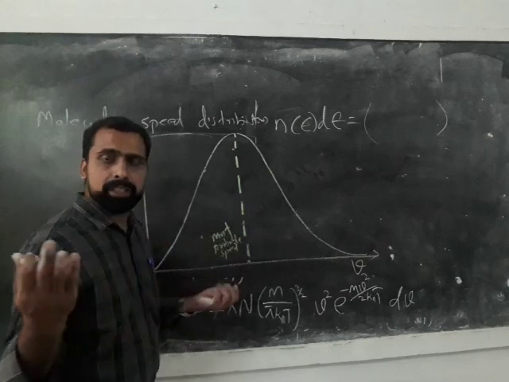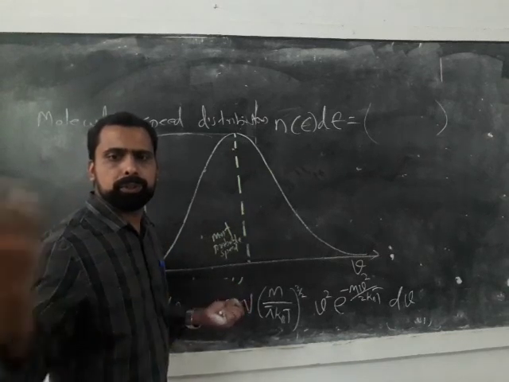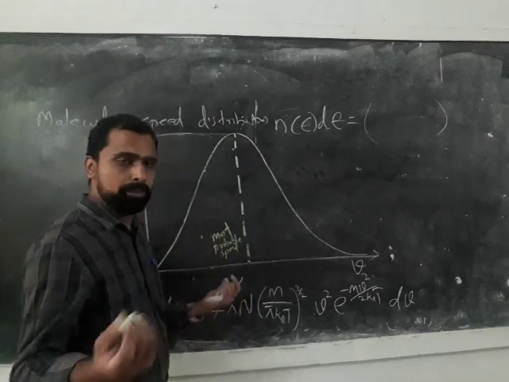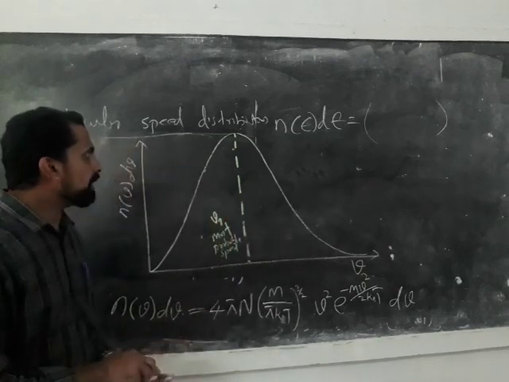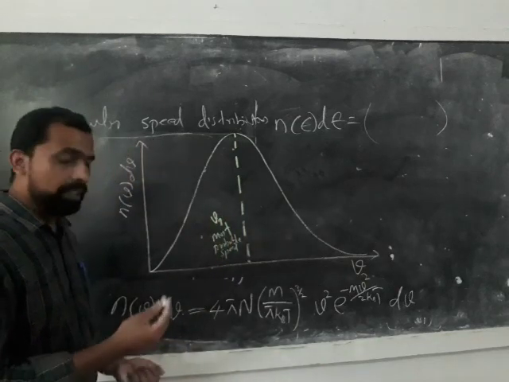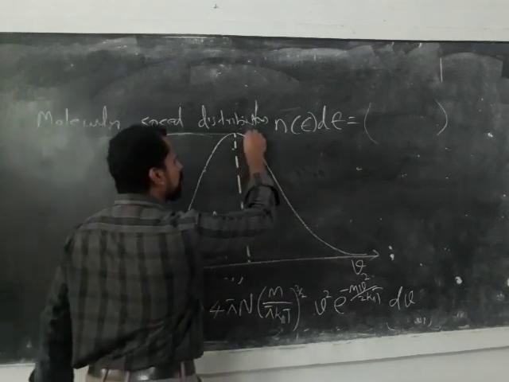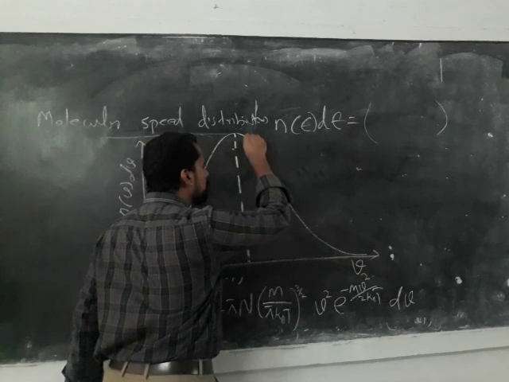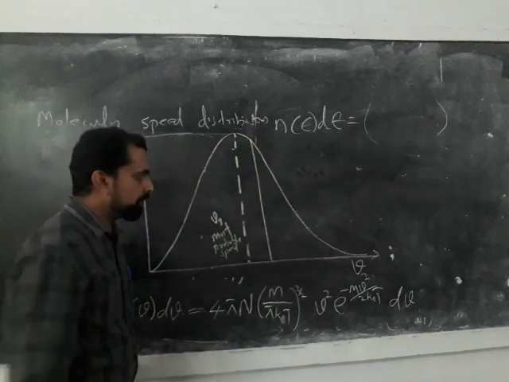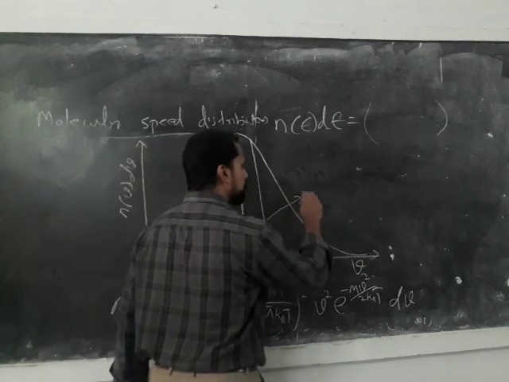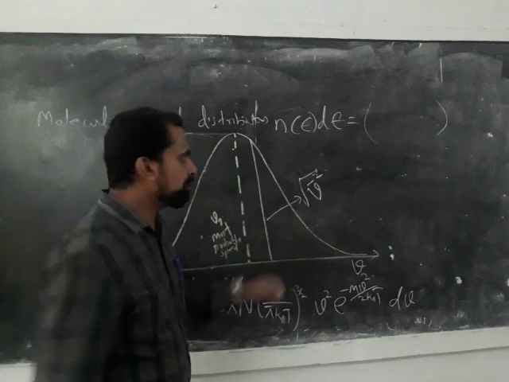So this is the most probable speed. I am just representing it as Vp, or you may write it as Vmp. I am just writing it as Vp. And after that we will get the average speed. Before that we will go to the root mean square, that is called the VRMS, square root of the mean square.